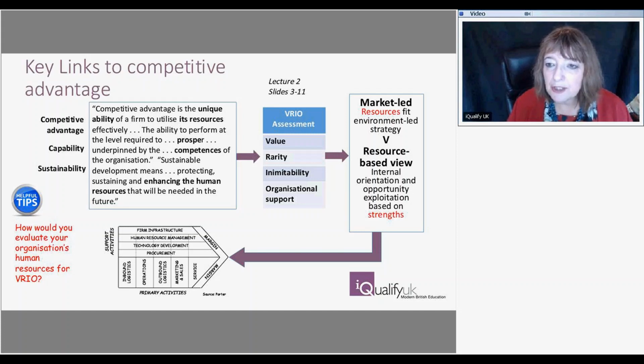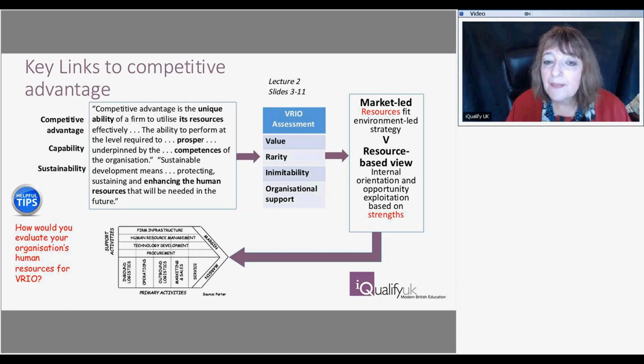Whether the organisation as a whole is able or willing to support that issue of competitive or perceived competitive advantage. And that, you will recall, is called the VRIO assessment. And it's an assessment of what? Competitive advantage.